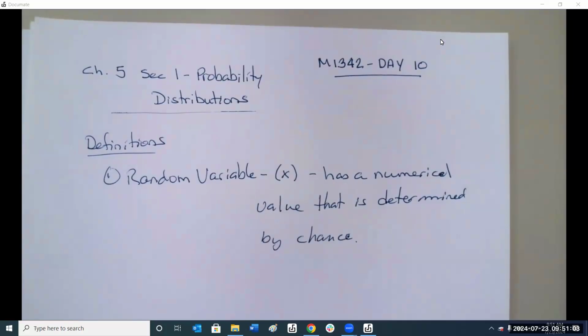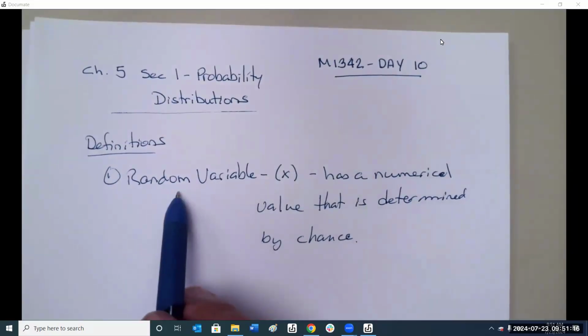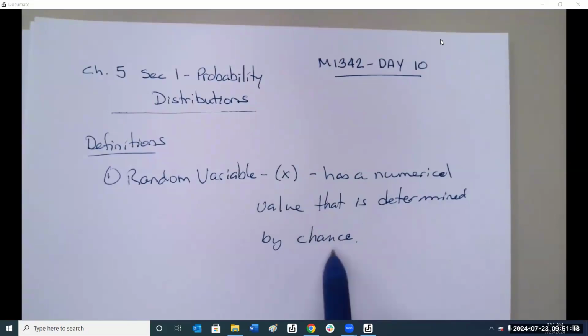That's a procedure that we do in whatever our probability experiment is, like picking a card from a deck of cards or rolling a die. Each event has a value determined strictly by chance.